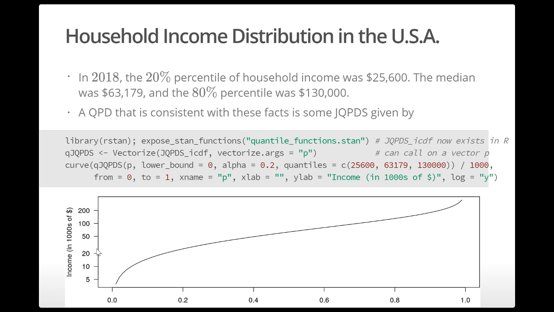So I should say that this approximation of the income distribution might not be good enough for you if what you're really interested in finding out about is the extreme upper tail. Because we've only basically pinned this curve down based on the 20th percentile, 80th percentile, and median.